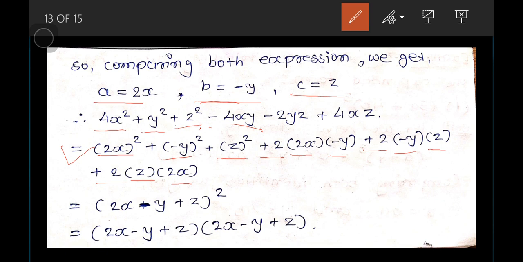Then we directly factorize this given polynomial as (a plus b plus c) all square.